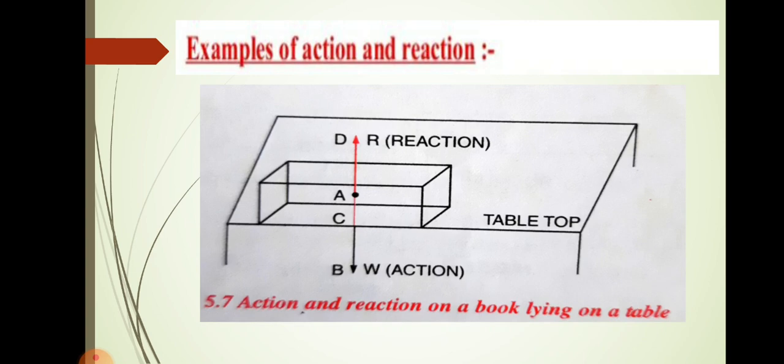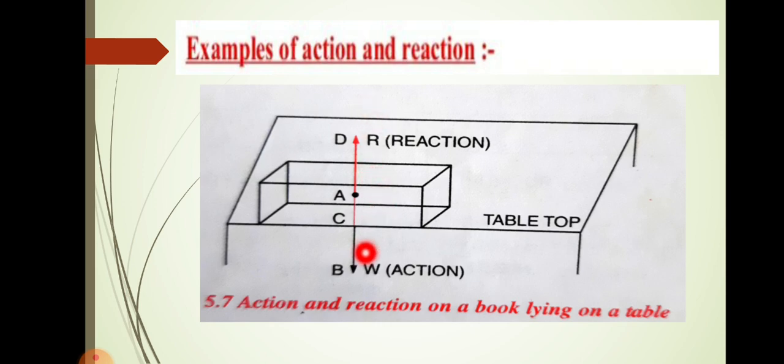For example, the first example, let us consider a book on a table. When a book is placed on a tabletop, the book exerts a force downwards which is equal to its weight W on the table. And the table balances it by an equal force, called the reaction R, which is acting upwards on the book.